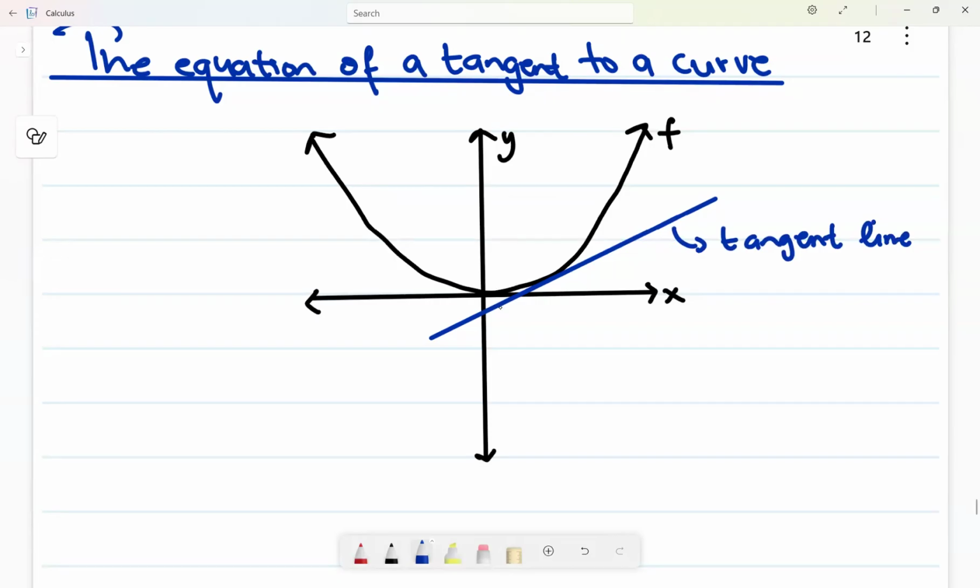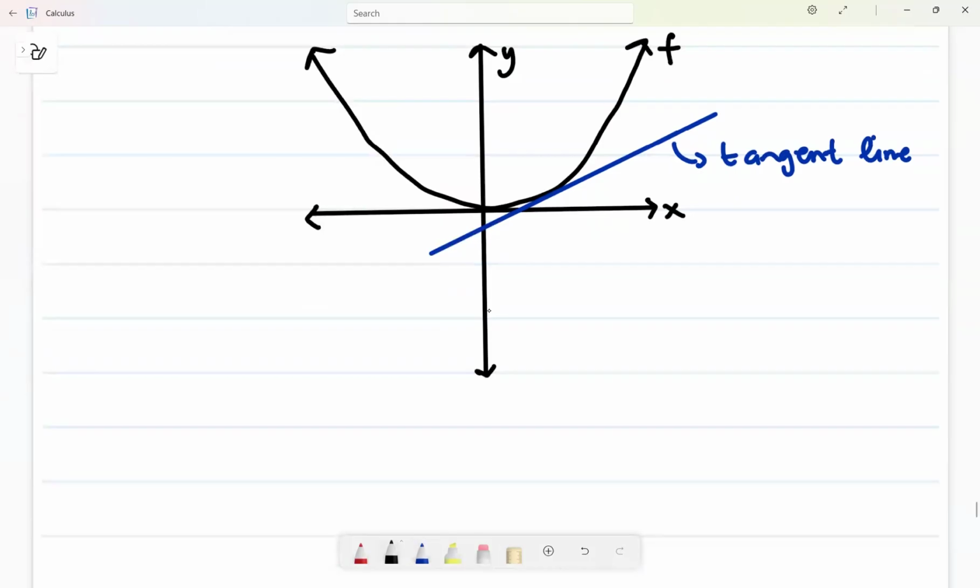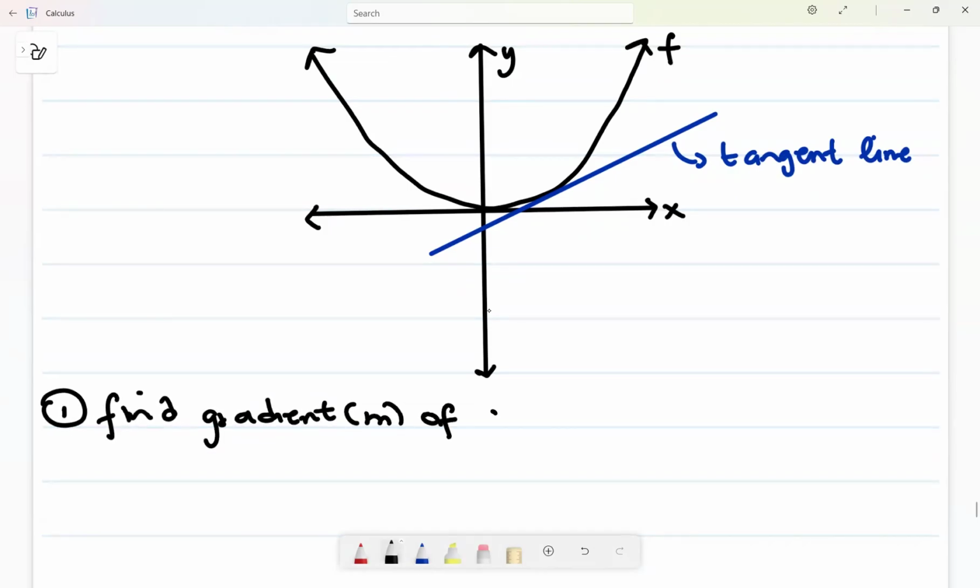So now, how do you find the equation of a tangent? Okay, how do you find the equation of a tangent? Remember, the first thing first, you need to find the gradient of a tangent.